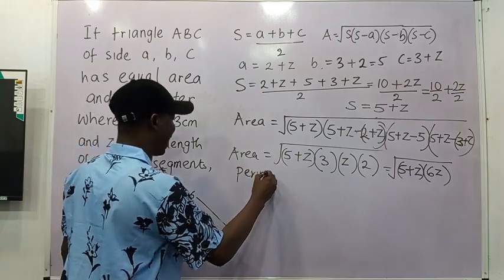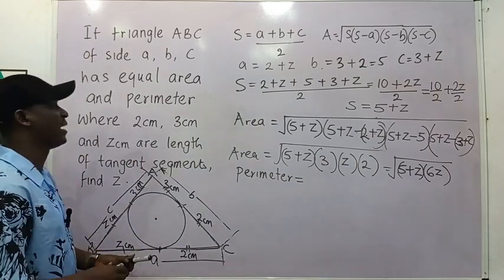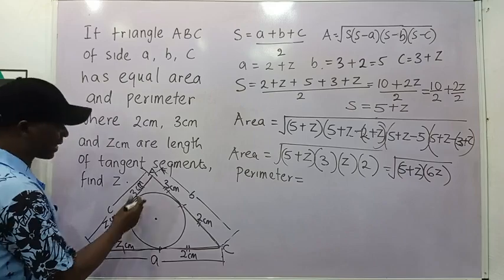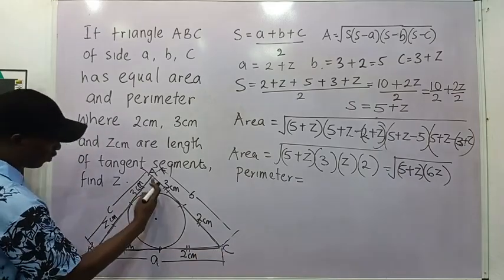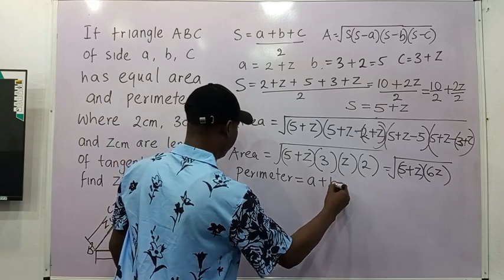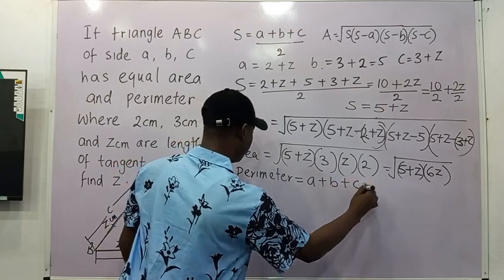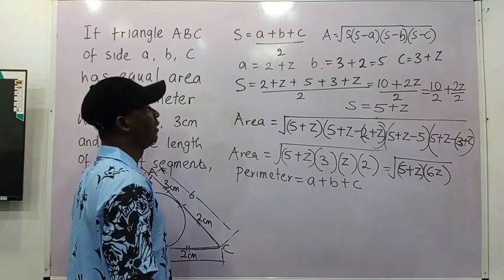Let's say perimeter now. Perimeter, if you watch my previous video, I've defined perimeter. So just say the perimeter should be A plus B plus C. That means the total length. So perimeter is A plus B plus C. What is our A plus B plus C?